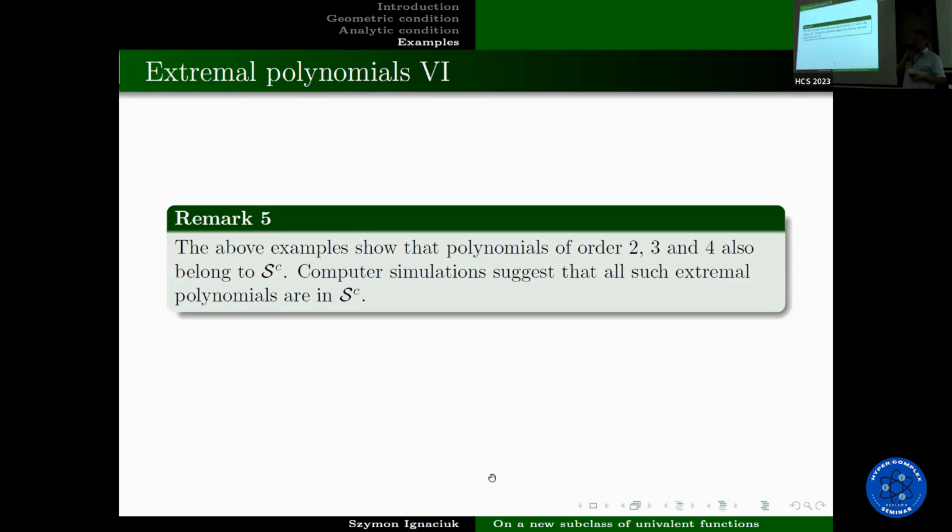So all these extremal functions would have this property that you can go to the other point through the circle arc, which is inside the image. Thank you for attention.